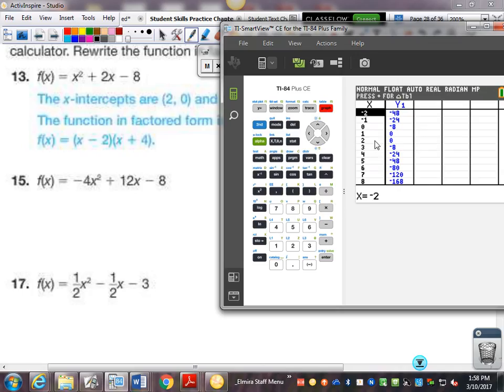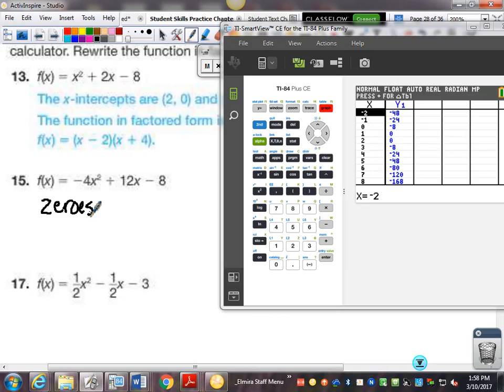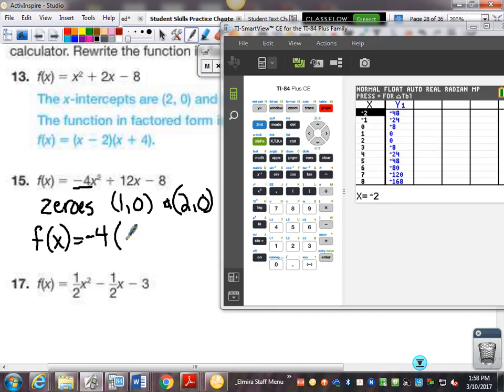Okay, my zeros are (1, 0) and (2, 0). Zeros and intercepts are the same thing. So my function would be f of x equals, carry down your leading coefficient -4, (x minus 1)(x minus 2). Okay, so that's that section.